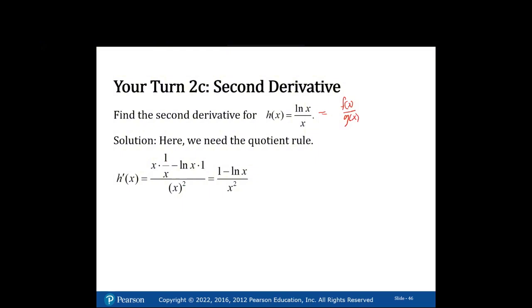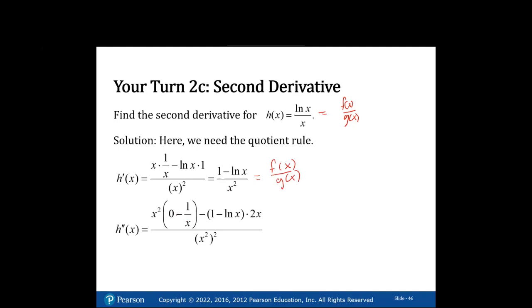Now when I take the derivative a second time, again, I have a logarithmic equation and the quotient rule, right? But now my f of x is 1 minus ln x, and my g of x is x squared. So here we have g of x, which we keep the same, and we have our derivative of the top of our f of x.